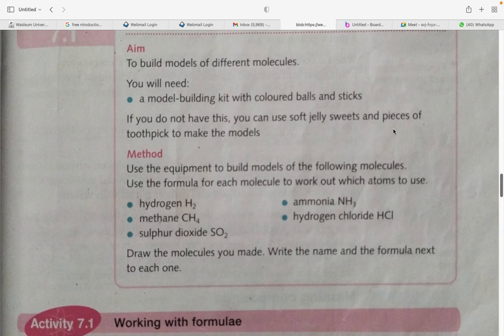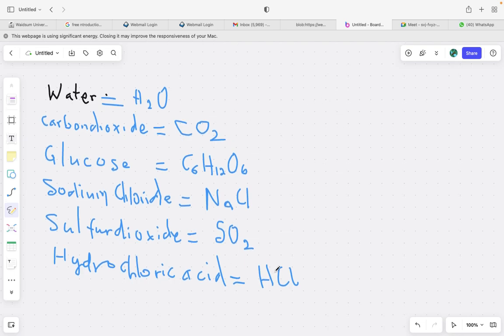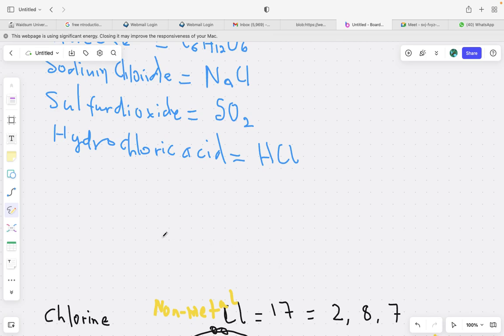Methane is CH4. Ammonia, okay, let's write those ones. They are significantly important. Ammonia is NH3.